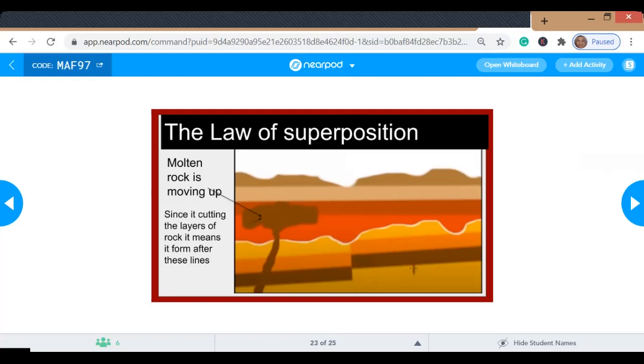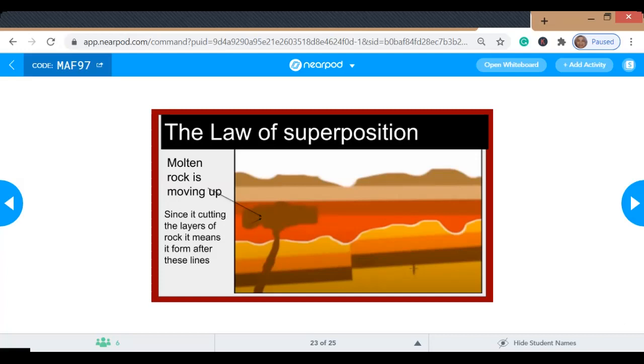And then after the rock got this layer and then keep on going up, and the topmost is the new one. And this is a molten rock that's moving up after the formation of these layers. So in this way, they can find the age of rock. They can count and observe the layers, and then they find the age.